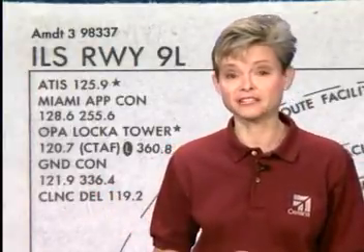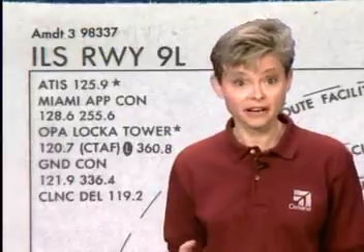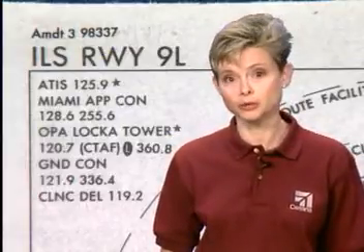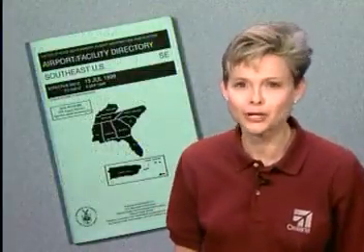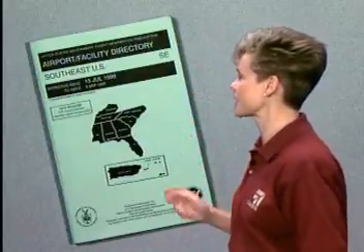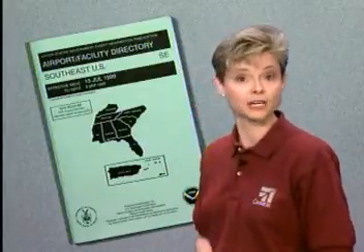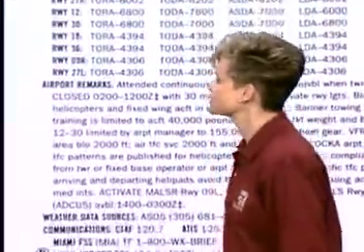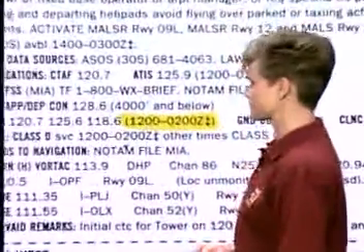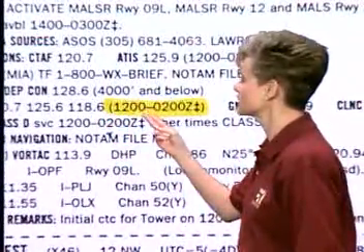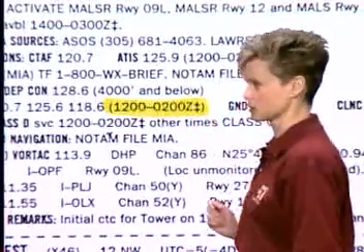But where do you find the exact hours of operation to find out if the tower will still be open when you arrive? Well, you look between the little green covers of the airport facility directory at the Opa-locka entry. When you look down the page at the communications area, you see that the tower only operates between 1200 and 0200 Zulu.